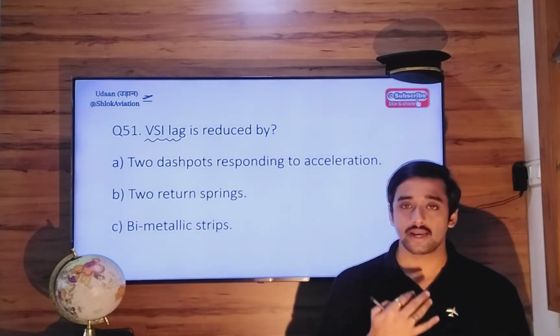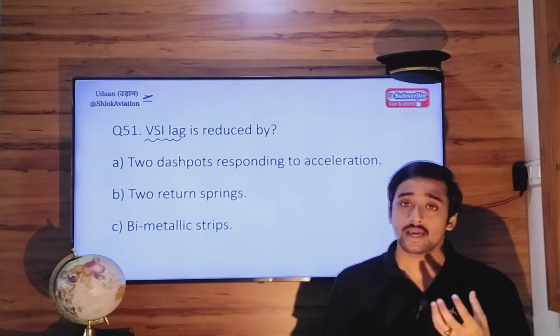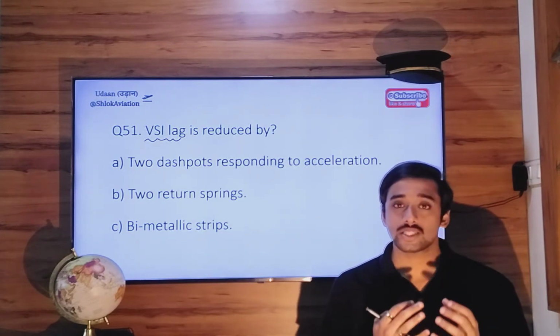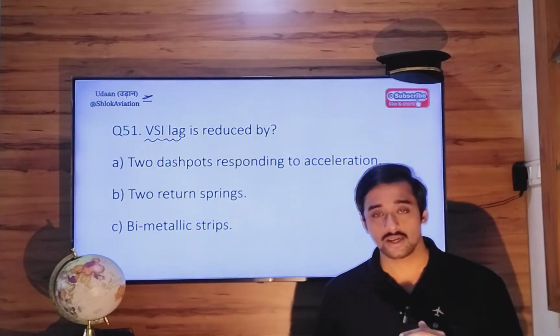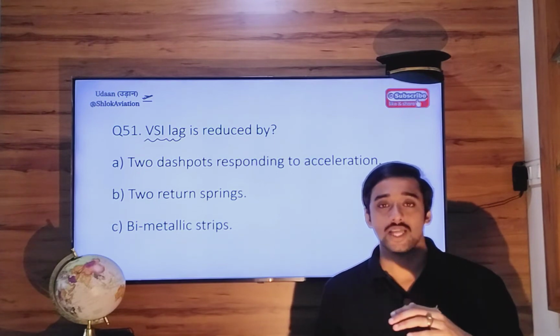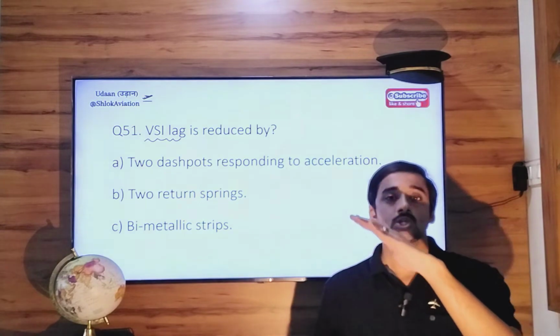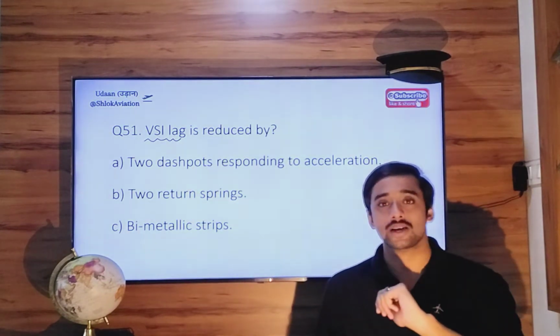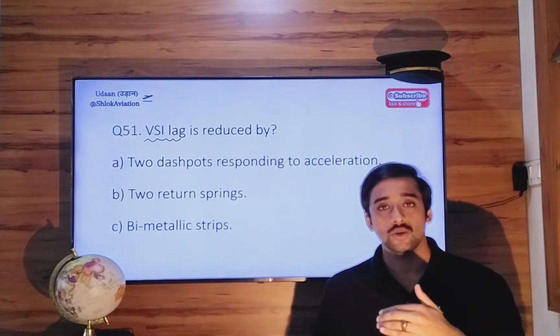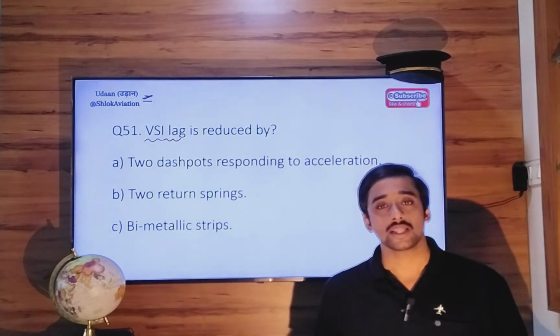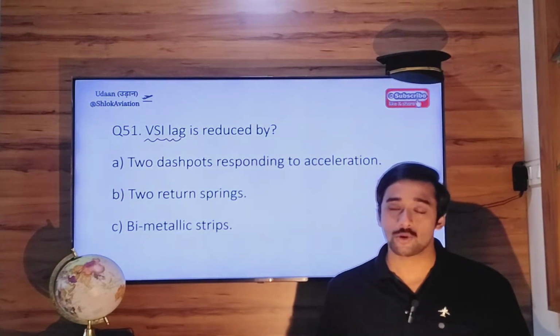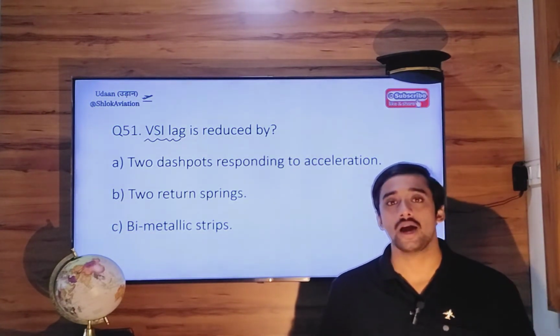Your vertical speed indicator takes some time, takes a moment to register the change in static pressure. That change in static pressure happens when you change your pitch attitude from straight and level to a climbing attitude and begin your climb to the next level. As you go to higher and higher altitudes, the pressure will decrease. Atmospheric pressure decreases as you go to higher altitudes.